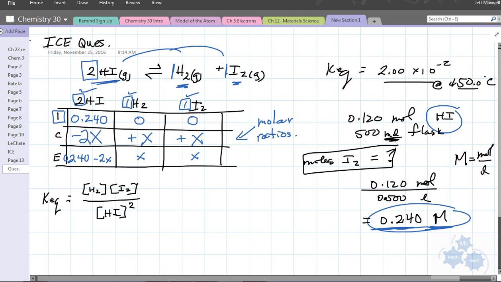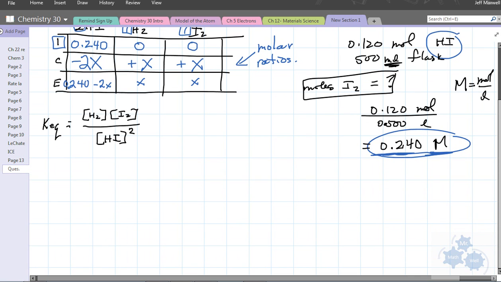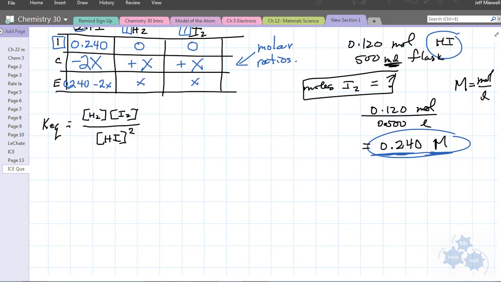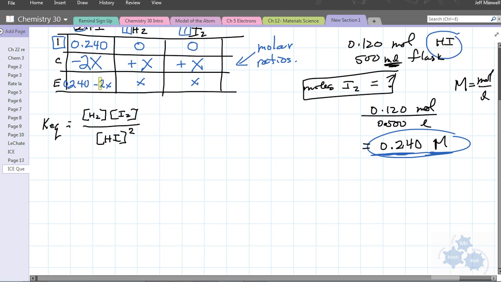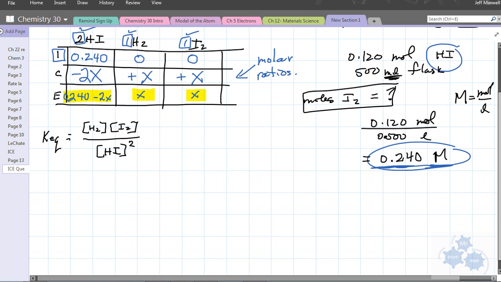Use the coefficients as the exponents. Alright, so we're at that point now, and to fill in the expression, we use these equilibrium values, and where is it? Here, this KEQ value.